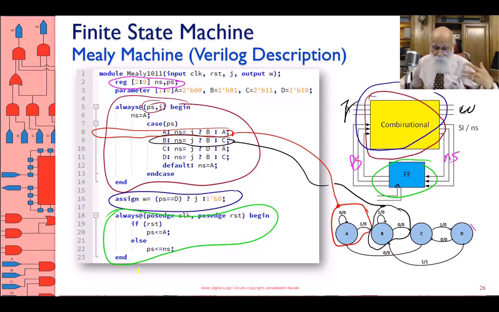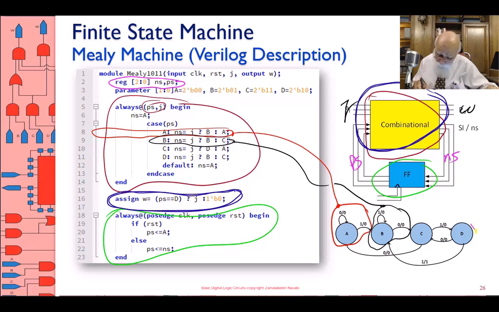Let's look at the dark blue block for setting the output on the right hand side. This one over here. That corresponds to this assign over here. I could use always if I wanted, but it's so simple that I can just use an assign statement. Remember, let's look at the output.